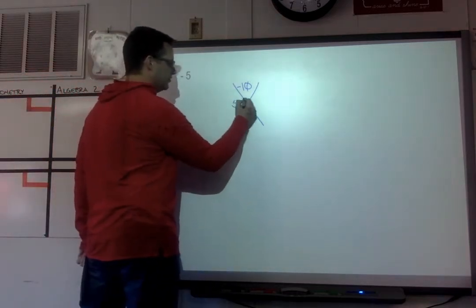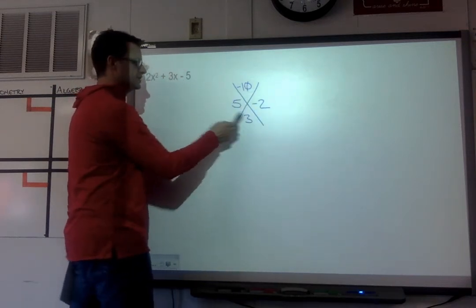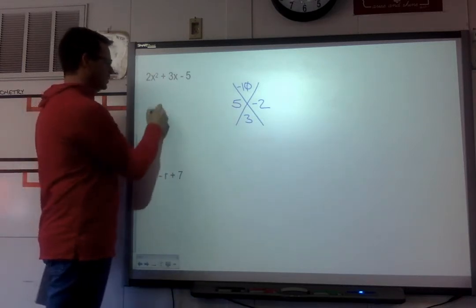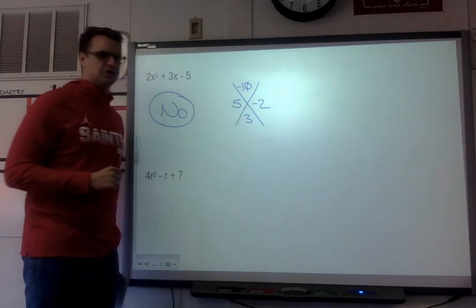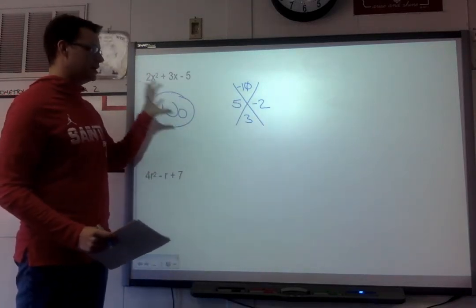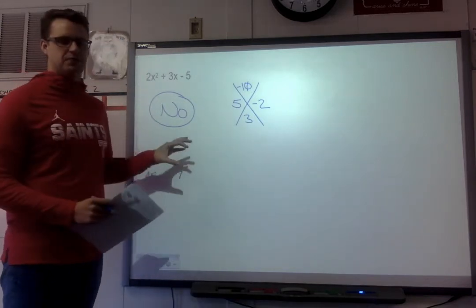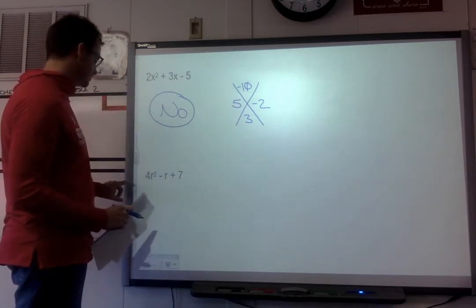Here we could say 5 and -2 multiply to -10 and add to 3. So is this a prime polynomial? No, because we can come up with those two values. It can be factored. Again, if all it's doing is asking you to determine whether it is prime, you don't have to factor it. You just have to say yes or no.